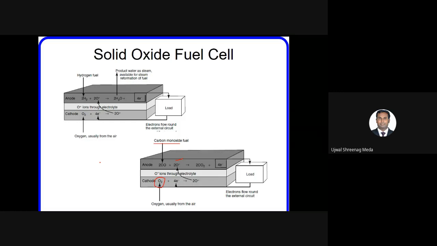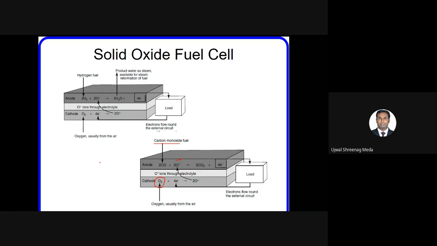Just because carbon dioxide is not a requirement with respect to the reaction, like in MCFC, the process is much simpler. If you remember, in MCFC, the carbon dioxide was essentially part of the reaction.